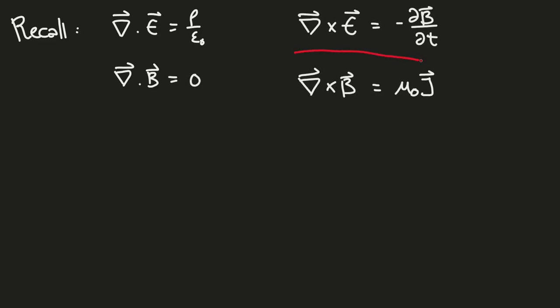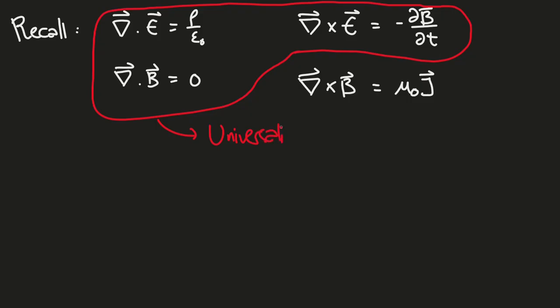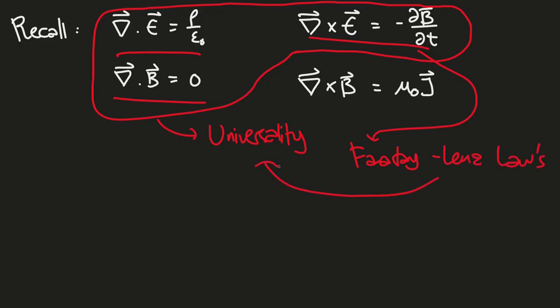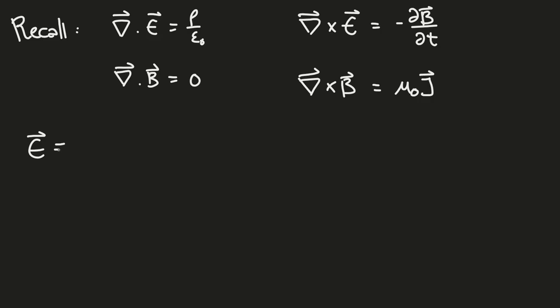We recall that all the differential forms of the electric and magnetic fields we have derived until now have universality. Of course, both the divergence here and the curl here relate to the Faraday-Lenz law. Now we'll define potentials for the electric and magnetic fields, V and A here.